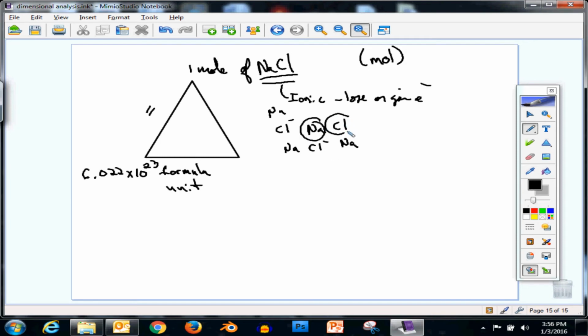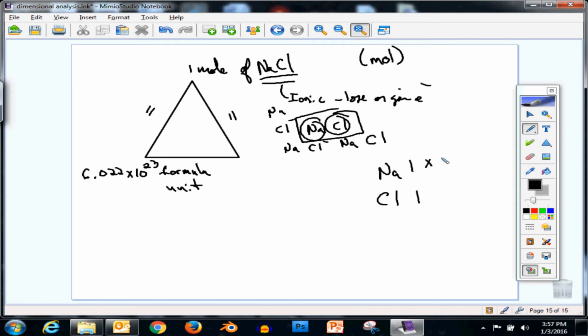But if I was to look at the ratio of particles in this, for every sodium I have, I would have 1 chlorine. So this one needs a partner, chlorine. For every 1 sodium, I'm going to have a chlorine. That is the most basic unit. It's a ratio, and that's why it's called a formula unit. That's because it's ionic. So ionic compounds are always formula units.